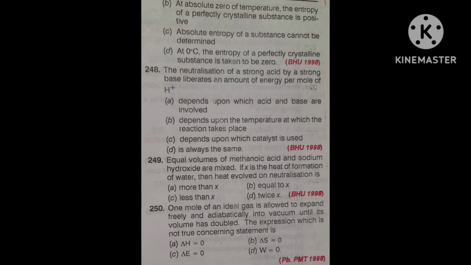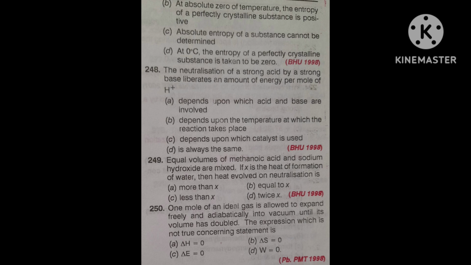What was the statement? 1 mole of an ideal gas is allowed to expand freely and adiabatically into vacuum until its volume has doubled. Means volume change took place. Q has not changed because it is adiabatic, but volume has changed. Then the expression which is not true concerning the statement is W is equal to 0.